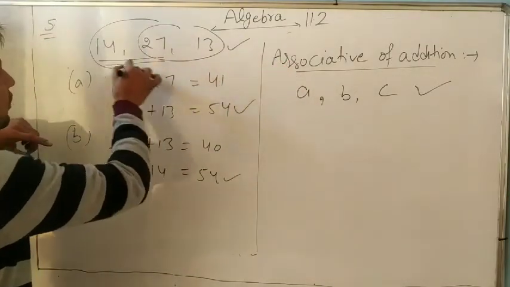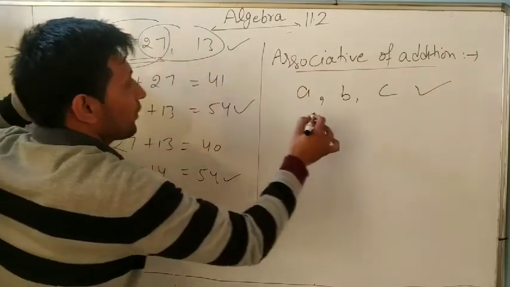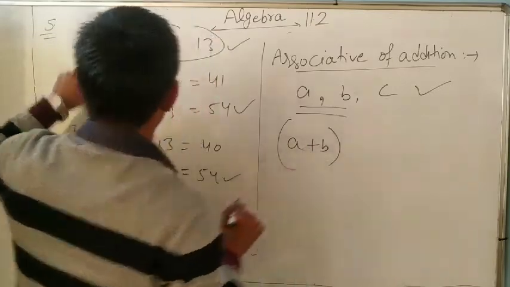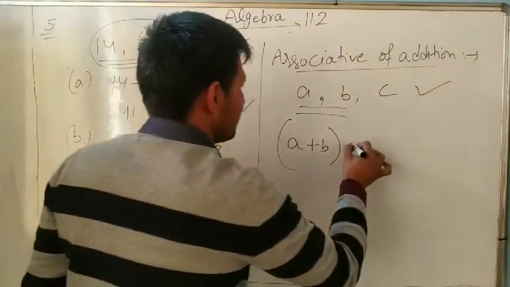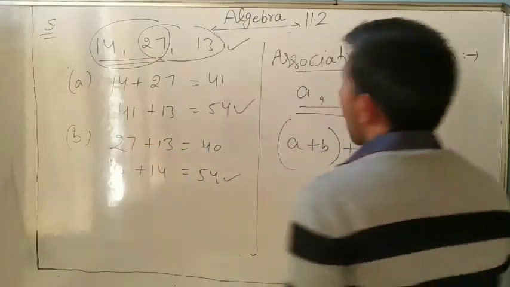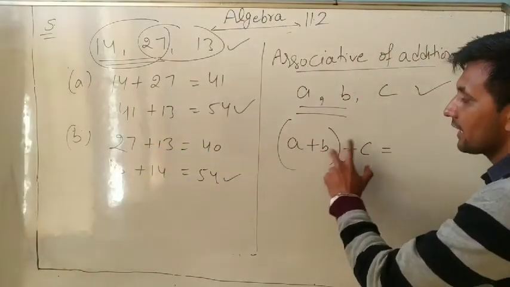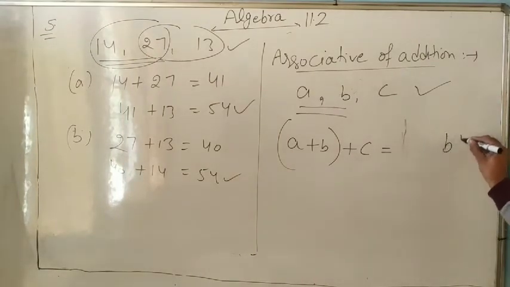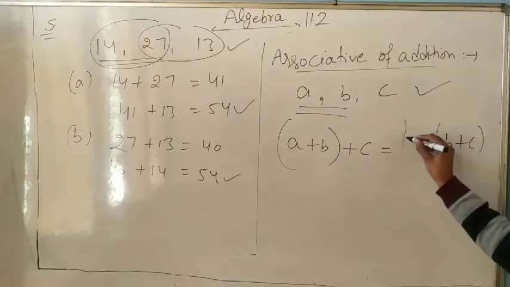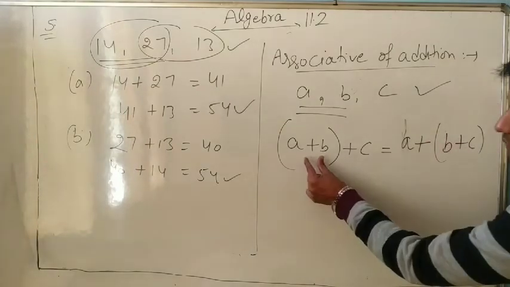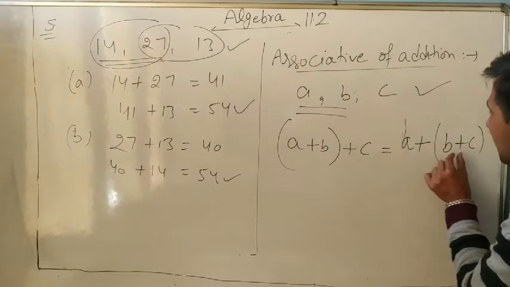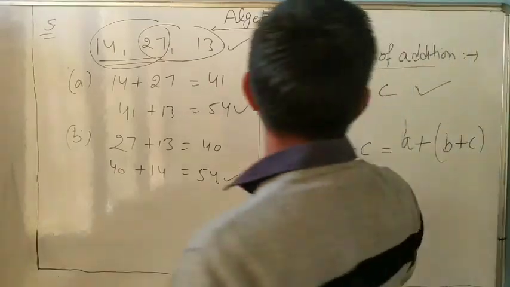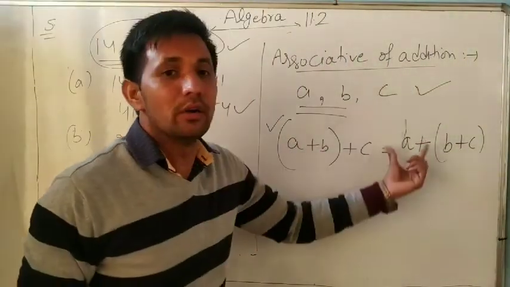Either we add the first 2 numbers, like 14 plus 27, here A plus B, then we add the third number, C. Or first we add B plus C, the last 2 numbers, then we add the first number, A. So always remember it is the associative property of addition on variables.